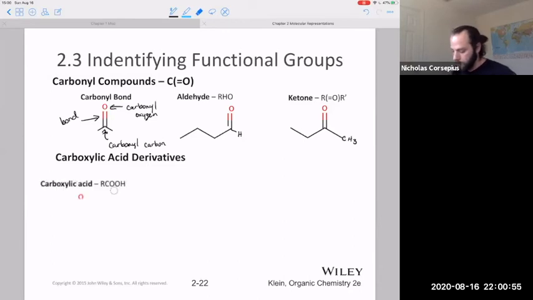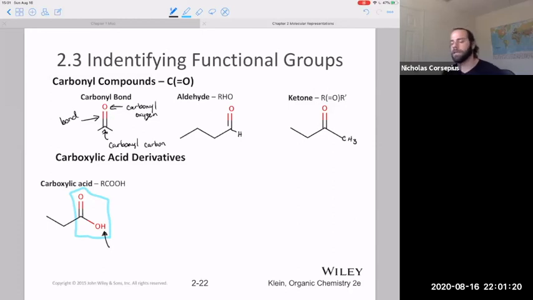First, we'll start off with what a carboxylic acid is. So that contains this carbon that's double bonded to one oxygen and then bound to an OH. So it's almost like it has a carbonyl group and an alcohol group on the same carbon. We call that a different thing altogether. It's a carboxylic acid. And that means, of course, that this proton right here is acidic, okay?